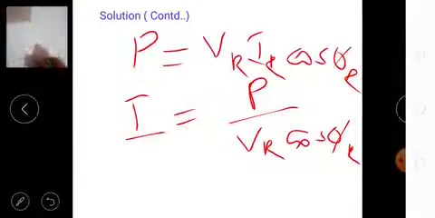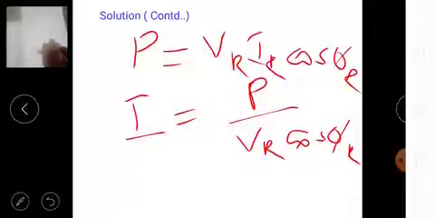The sending end voltage is given by the other formula: Vs is equal to VR plus IR cos phi r plus IX sin phi r.